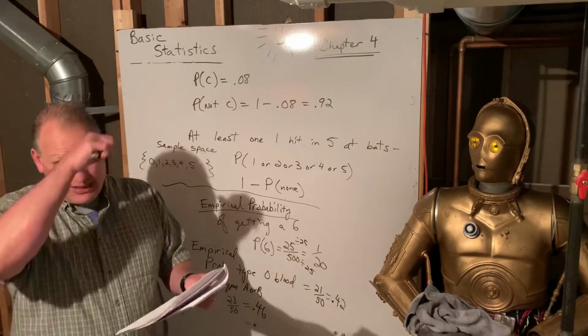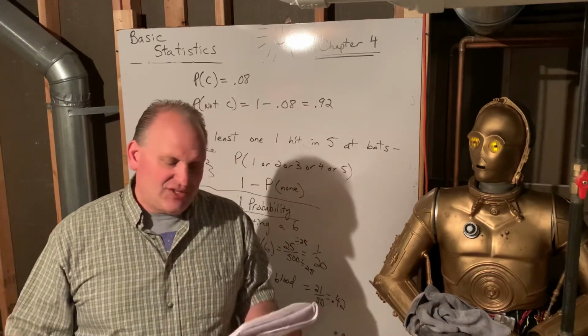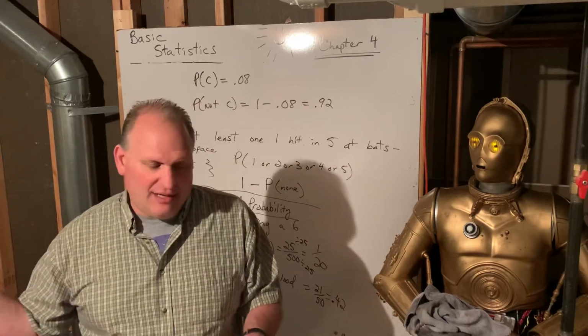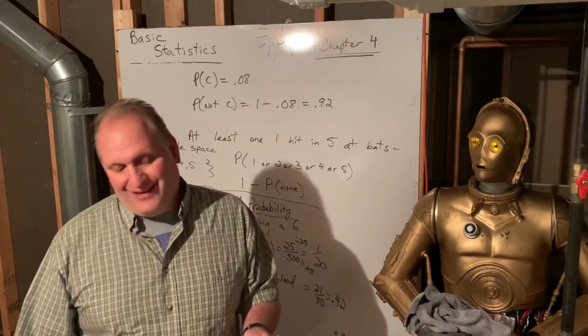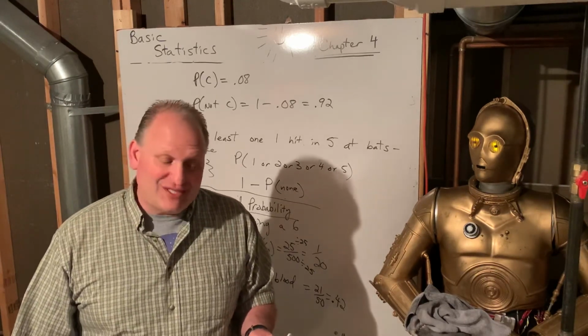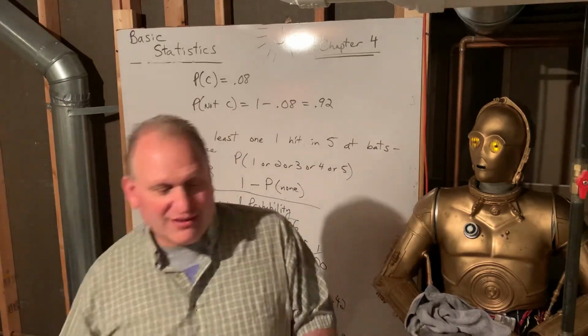Okay, and then subjective probability means it's an educated guess, so it shouldn't just be pulled out of the air. So what is the probability the Packers win the Super Bowl this year? I put down between 0 and 1 because I'm really no expert on how good we look this year.